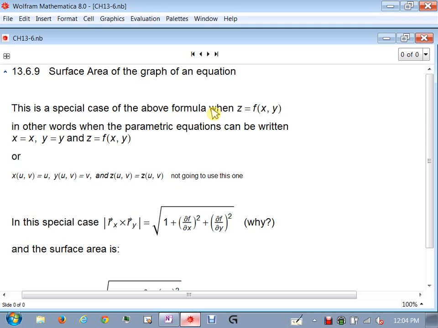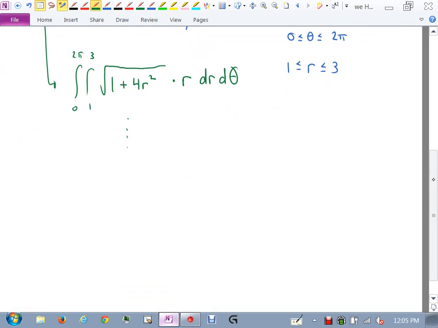So for 13.6, this is coming off of page 805. I think what would be valuable to you would be to find some equations of planes, like do one of those and then do one surface area. So let me just see here.